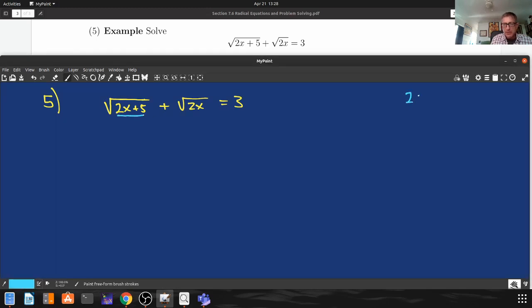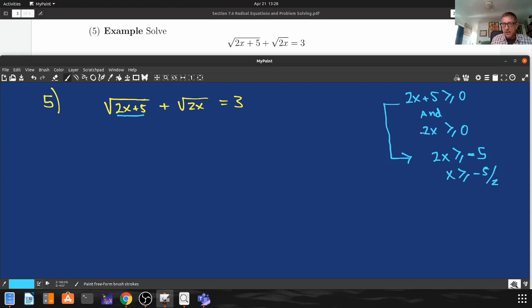We have to have 2x plus 5 greater than or equal to 0, and we have to have 2x greater than or equal to 0. So solving this equation, that implies 2x is greater than or equal to minus 5. So x is greater than or equal to minus 5/2.